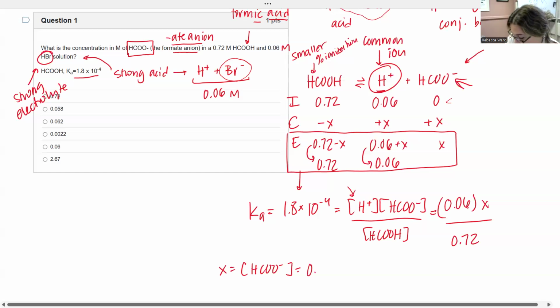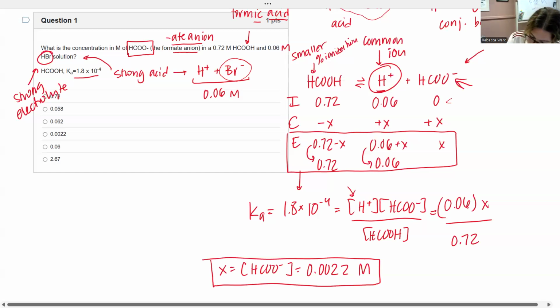And that's 0.0022 molar. So there's our answer right there. And I've been trying to go through some of the conceptual things that you might be asked about, like what's the common ion? Is percent ionization going to increase or decrease for our weak electrolyte? It decreases.